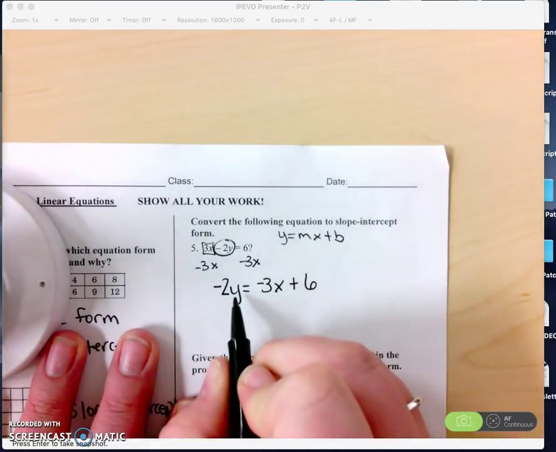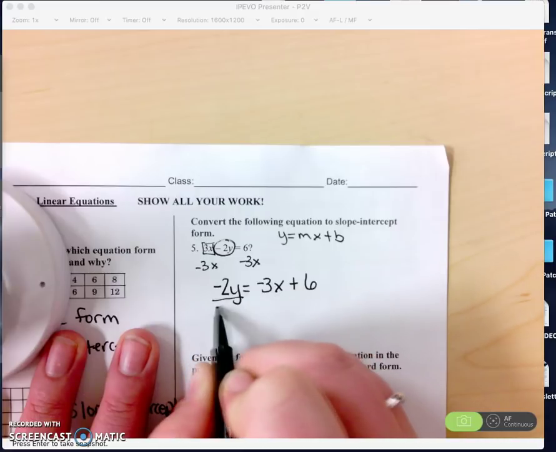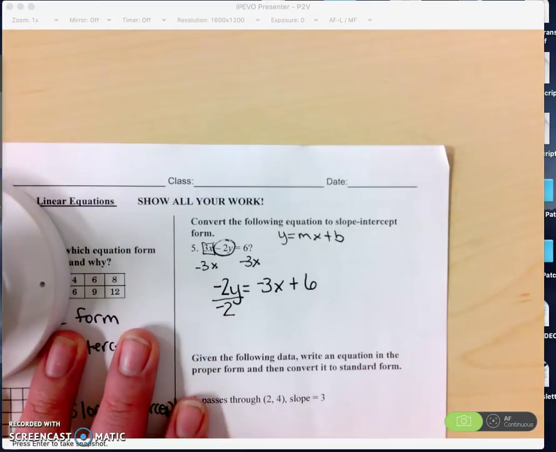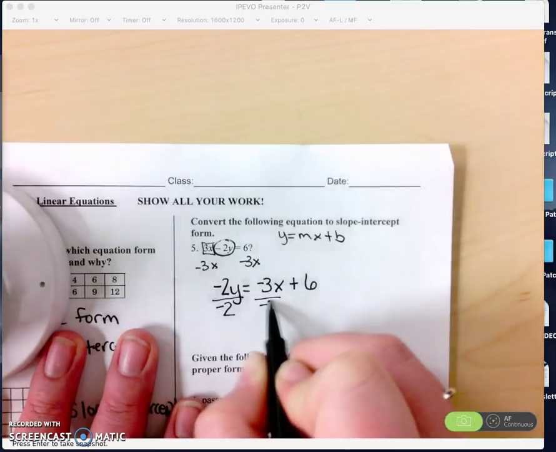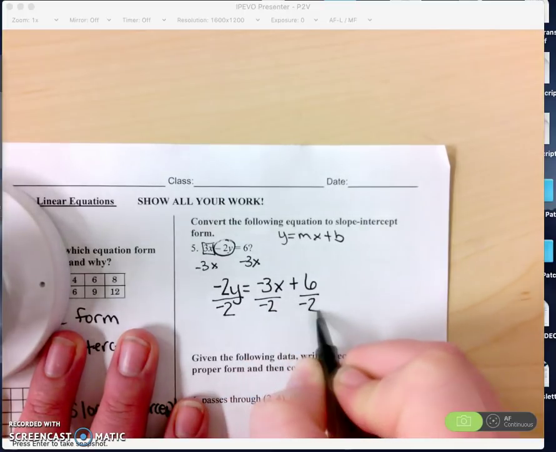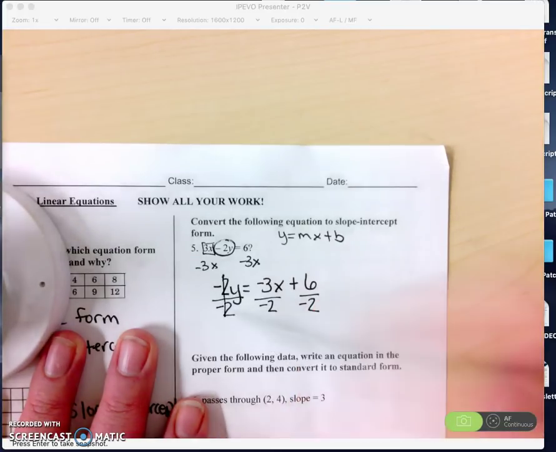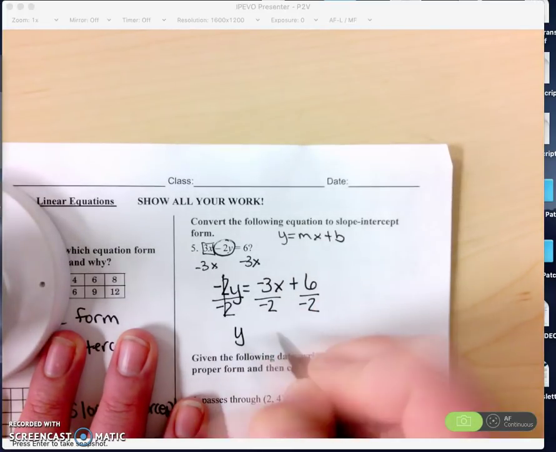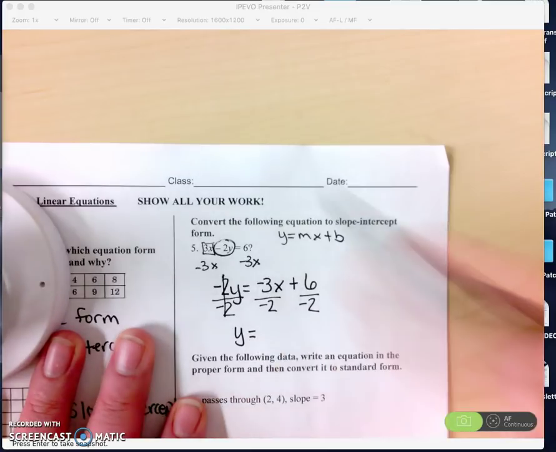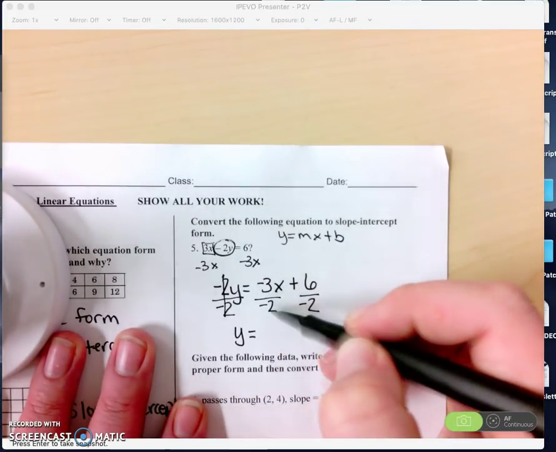The y is still not by itself. I have to isolate it by dividing by a negative 2. If I divide by a negative 2, I have to divide everything by negative 2. Negative 2 divided by negative 2 is 1. So 1y, or just y, equals 3 over 2, or 3 divided by 2.